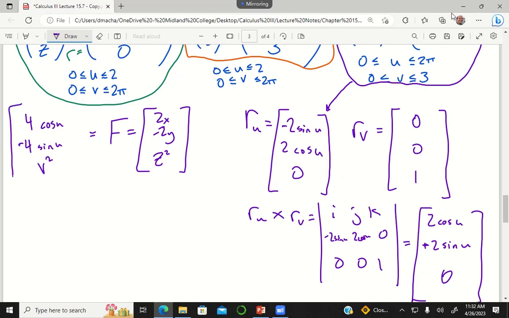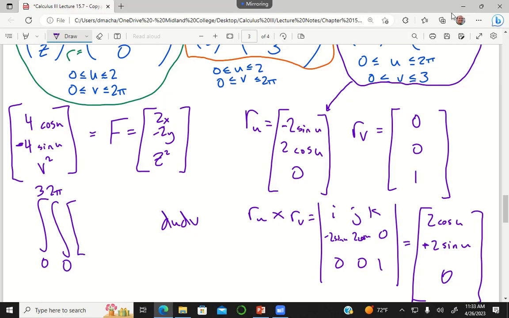Again, I keep saying I don't care about that because here in a second, whenever I'm writing my formula, I'm going to say du dv. So v goes from 0 to 3, u goes from 0 to 2 pi. I take the dot product between capital F and the cross product over there.